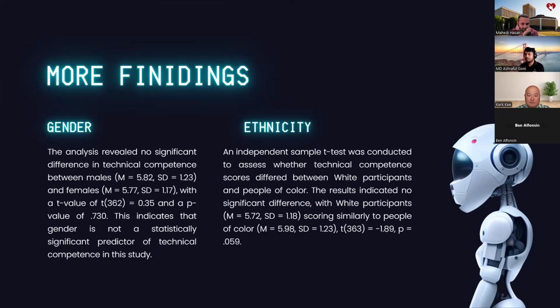So I want to mention first of all that because it's a 4-page paper, we have page limitations and space limitations. So we couldn't explain, though we wanted to, all the statistically significant results that we got, but we stuck with the technical competence and how different demographic variables are connected with the technical competence. So all the results I'm now presenting are related to the technical competence.